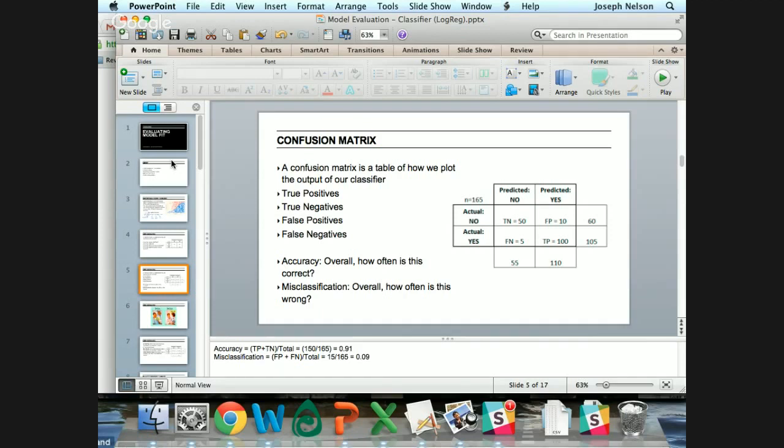Now, two metrics, two keys to success, if you will. The first is accuracy. Overall, how often is this model correct? And without looking at my notes, how would we calculate that?